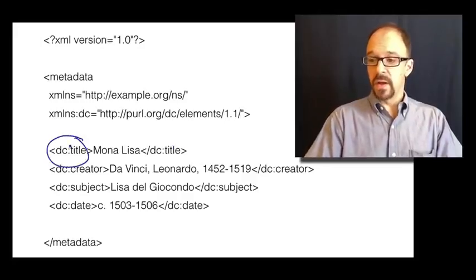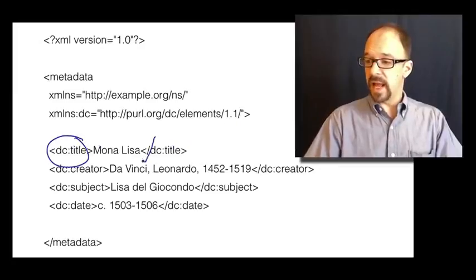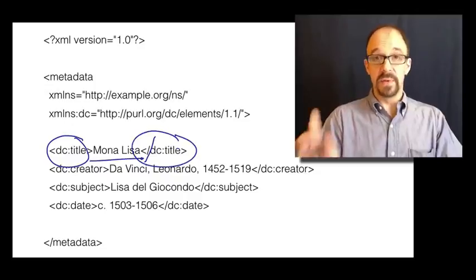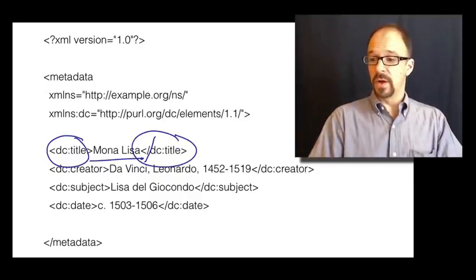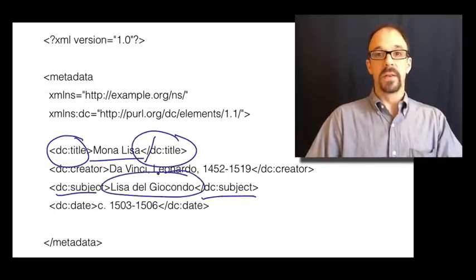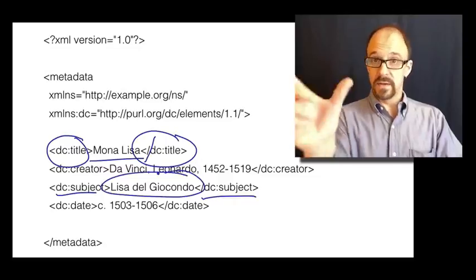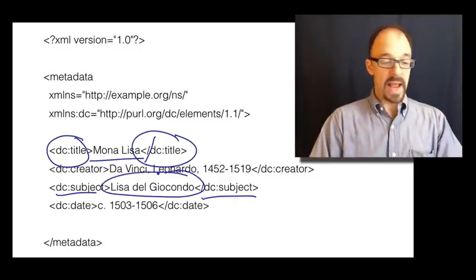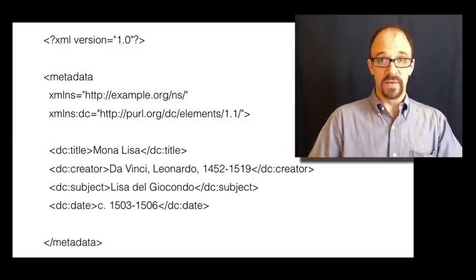DC:title, open tag, slash indicates the close tag, and then the content in between the open and the close, right? DC:subject open, DC:subject closed, and the value contained in between. And of course, each element value pair gets its own line.